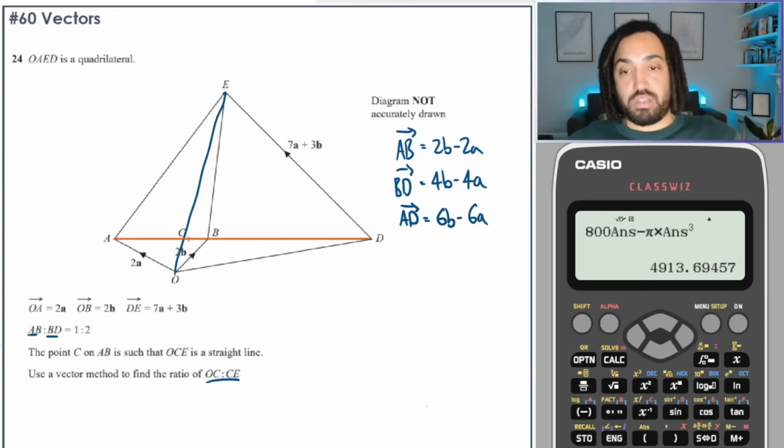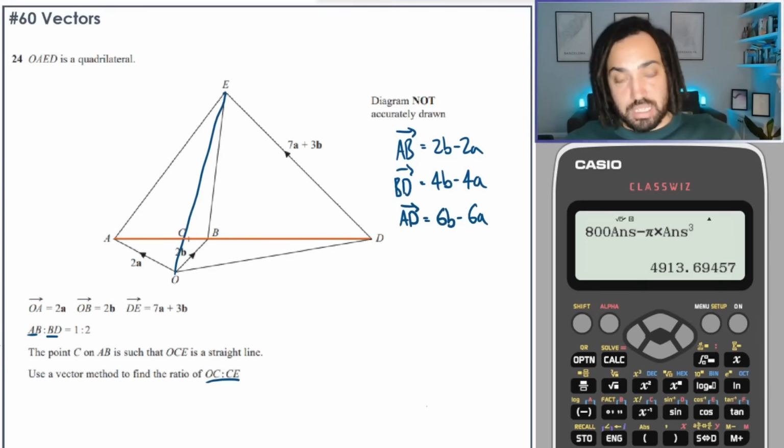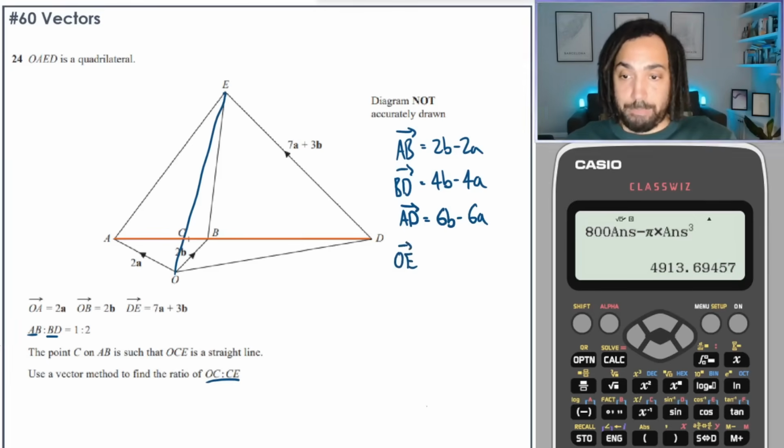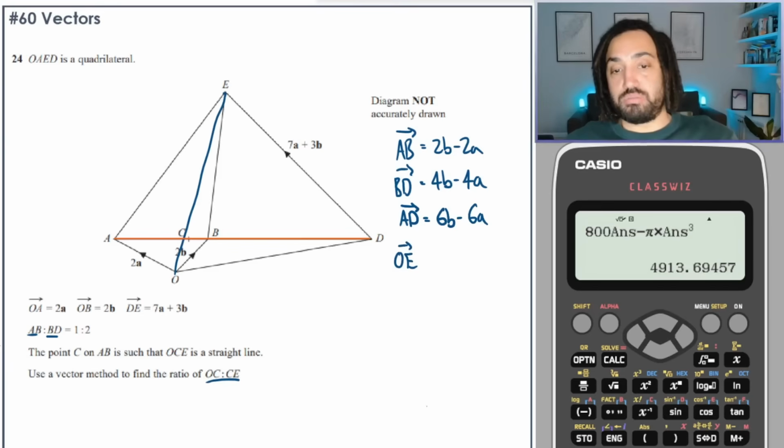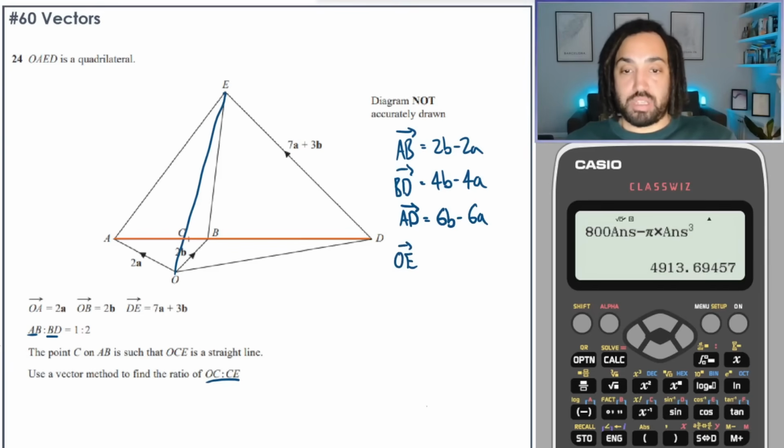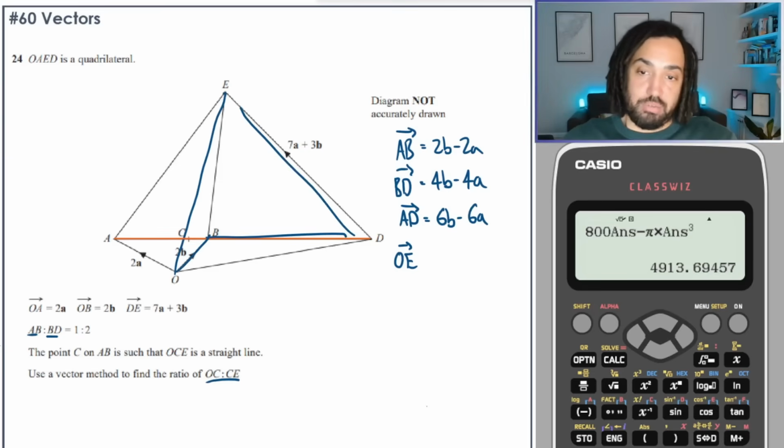Okay, and now what I could do is I can work out OE. That could be quite useful. OE, I could go this way, that way, and then that way.